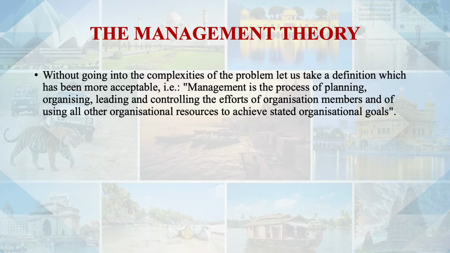So all those people who are working for the organization, and any of the resources that are available to achieve the stated goals. A goal could be having 100 tourists going to a particular destination, or having 100 guests filling the hotel that particular day or night, or selling 50 tour packages, or developing a new package.